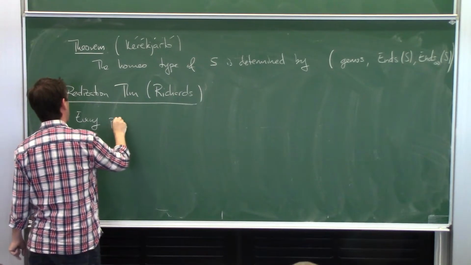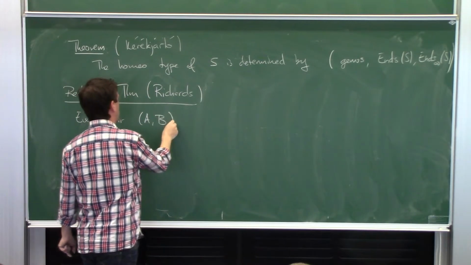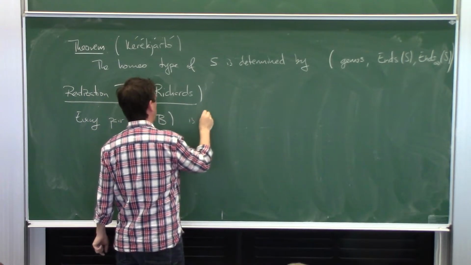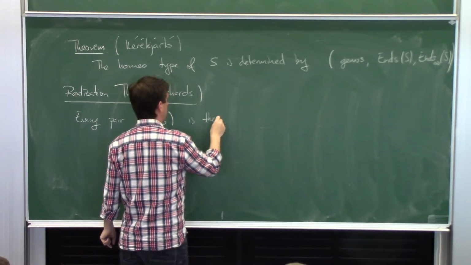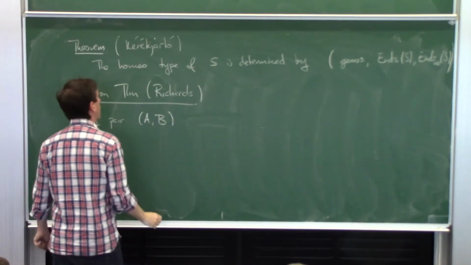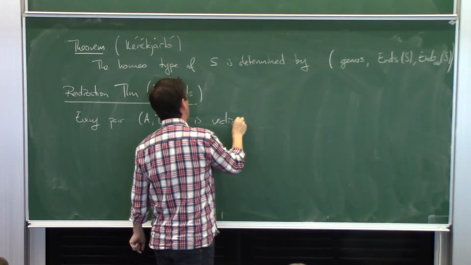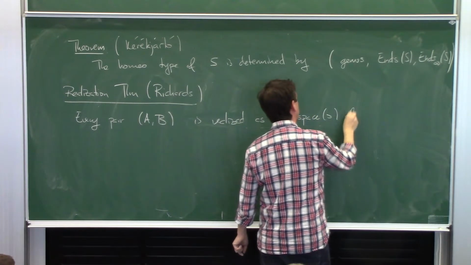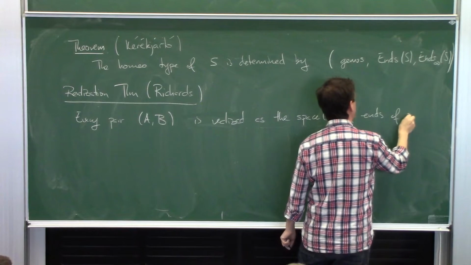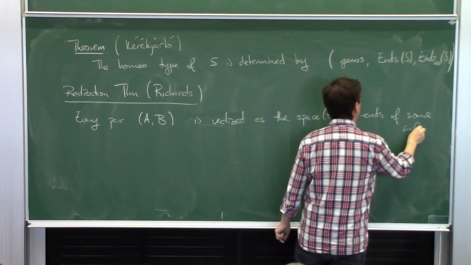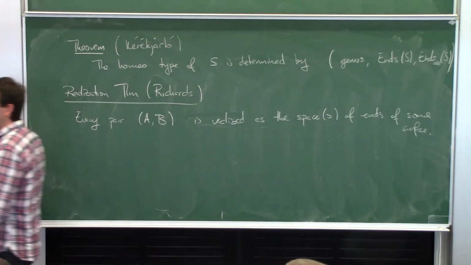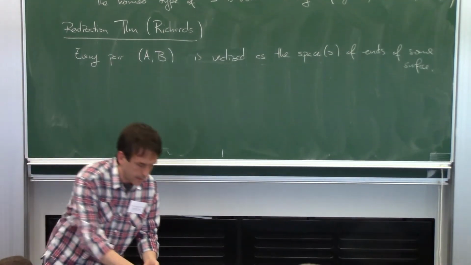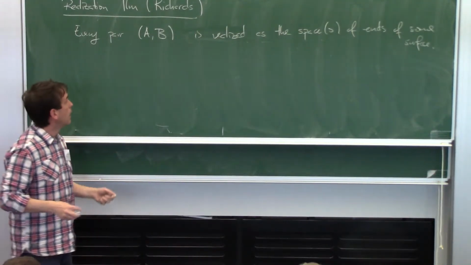Every pair A, B, so these are subsets of a Cantor set with B contained in A, is realized as the space of ends and the space of ends accumulated by genus of some surface. This is extremely lazy, but hopefully it's clear. If not, we can ask. Maybe I'll be able to guide you.